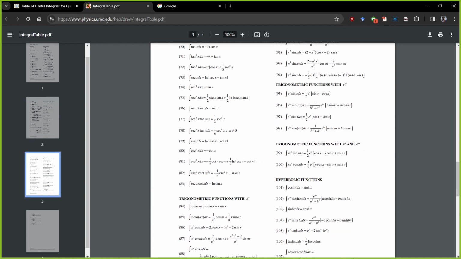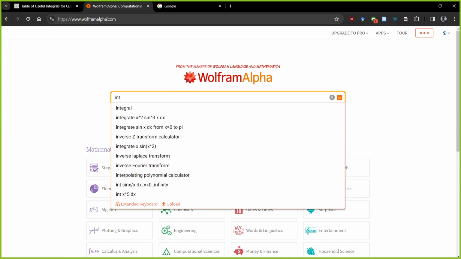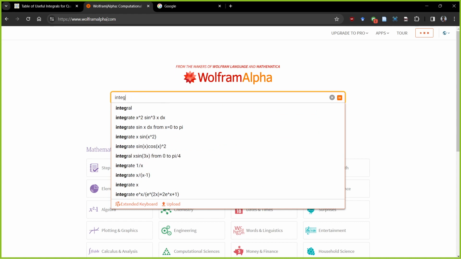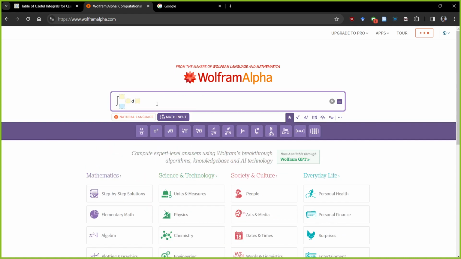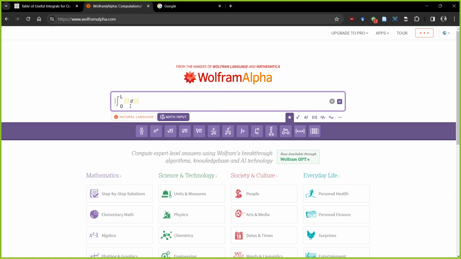Let's just do it really quickly. Let me do it properly. Math input. Let's integrate from 0 to L of 2 over L. Sorry, we have a 2 over L on the outside.